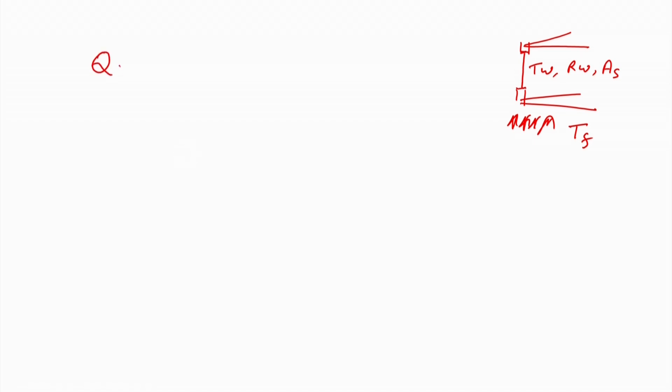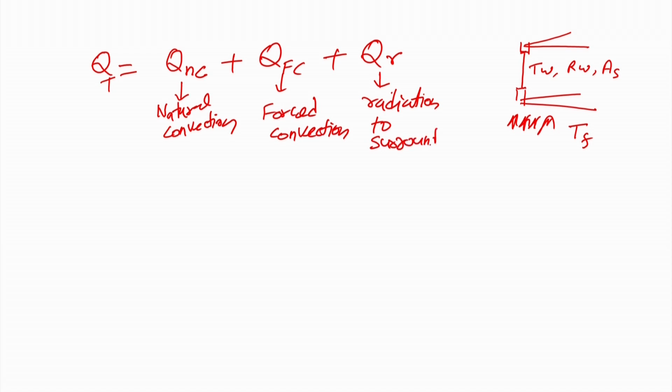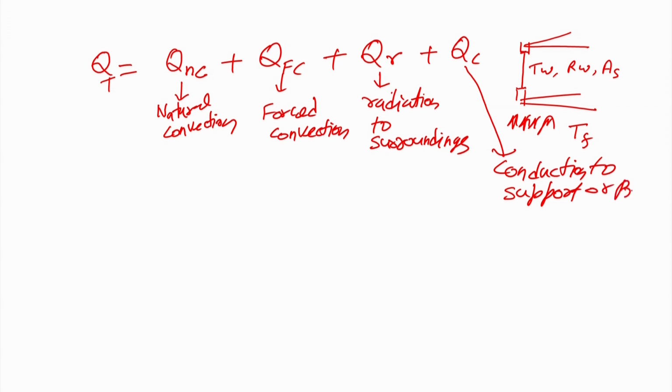If I write it in terms of Q, the total heat loss Qt will be Q natural convection, plus Q forced convection, plus Q radiation to the surroundings, plus Q conduction to the support or prong.